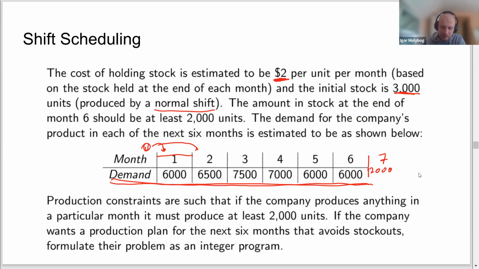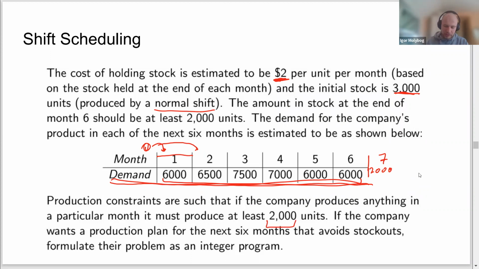The demand for the company's product in each of the months is estimated to be as shown below. So we need to plan to satisfy this. Production constraints are such that if the company produces anything in a particular month, it must produce at least 2,000 units. So if we are producing anything, we need to produce this much.